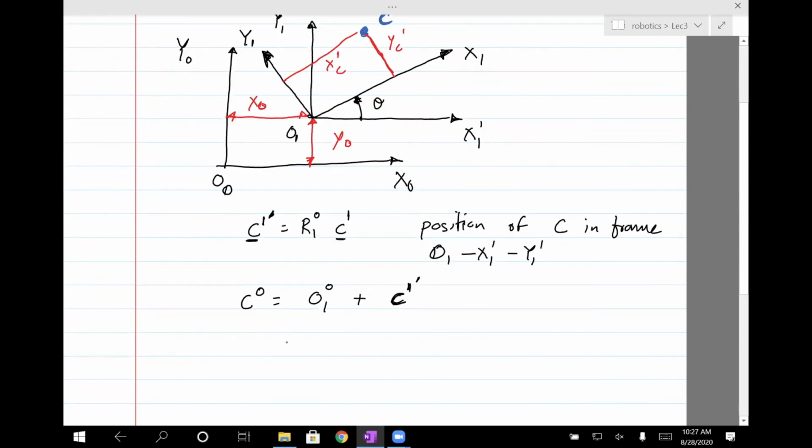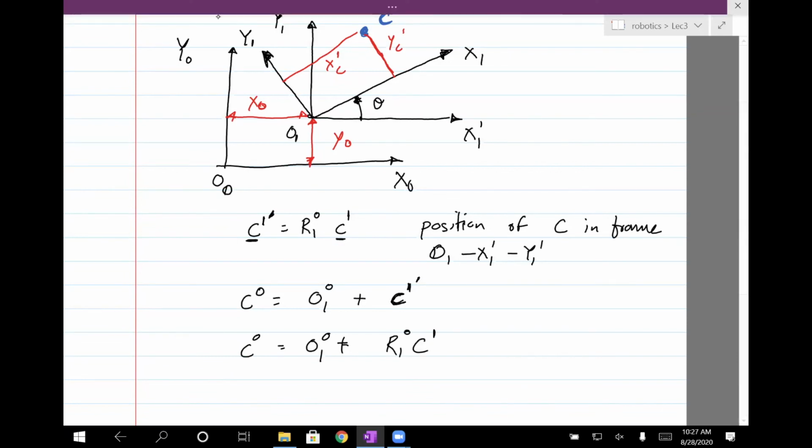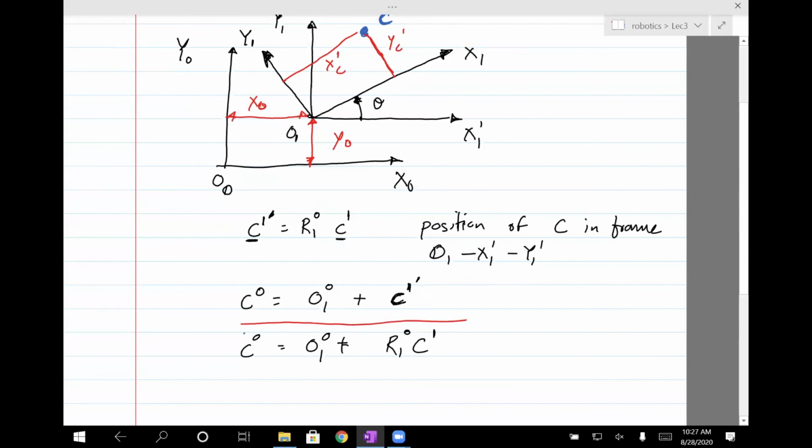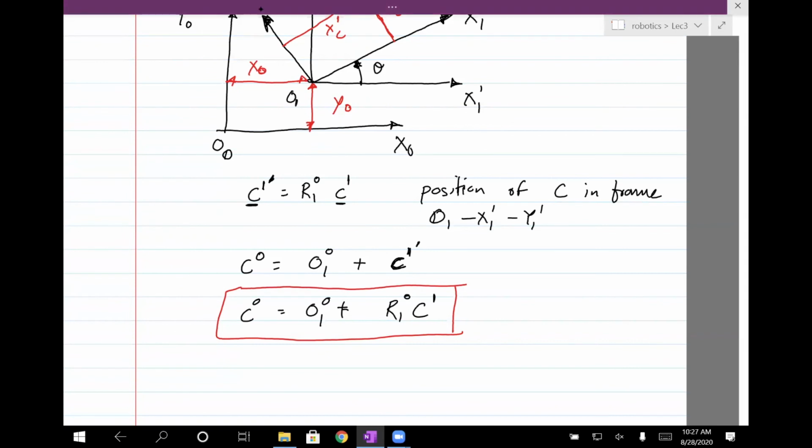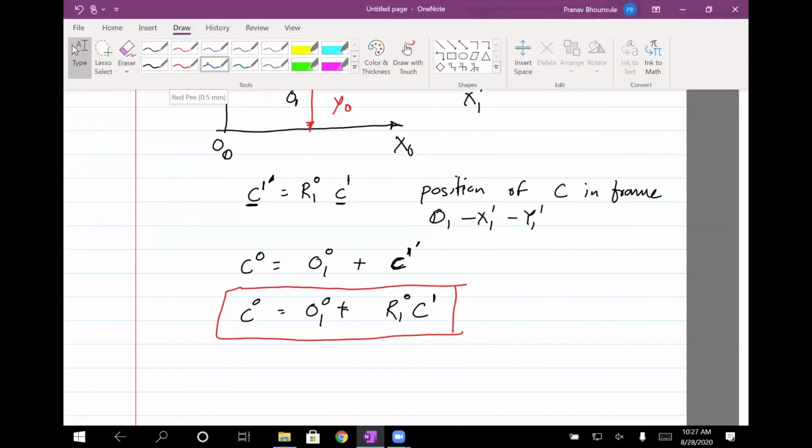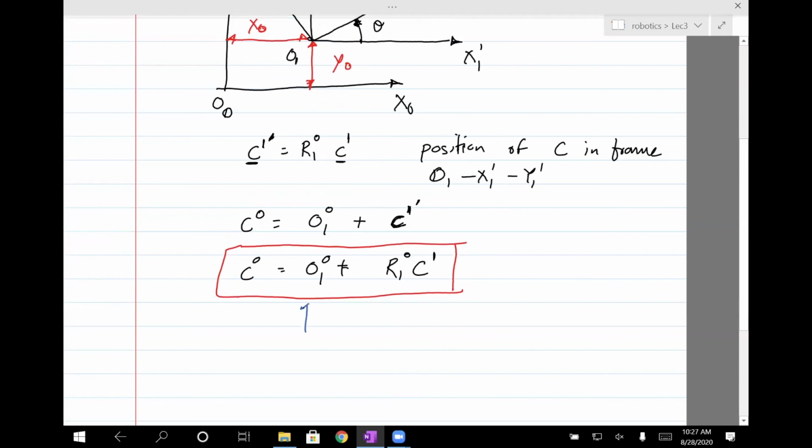So in other words, what we have here is C0 equals O10 plus R10 C. So the position of point C in frame 0 is nothing but translation, and then rotation. So we decompose that motion into two parts, which is translation and rotation.